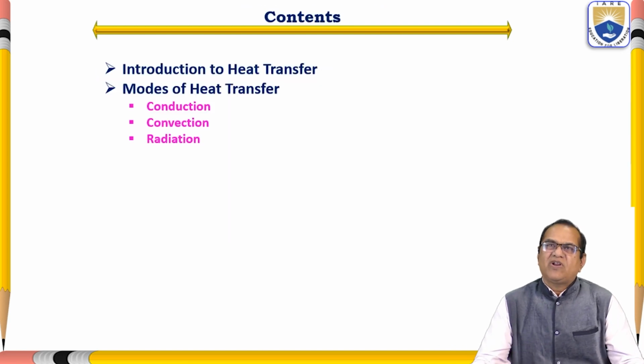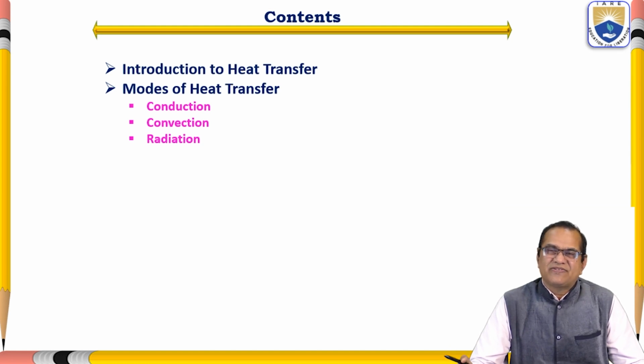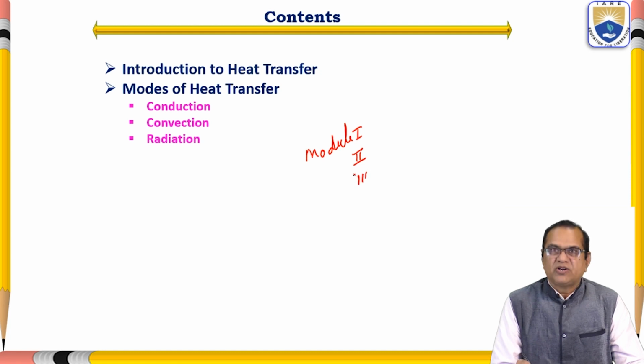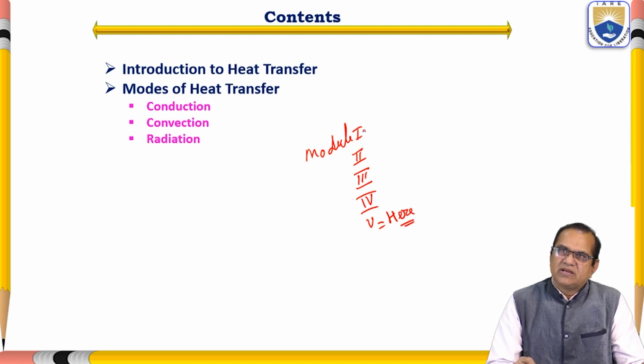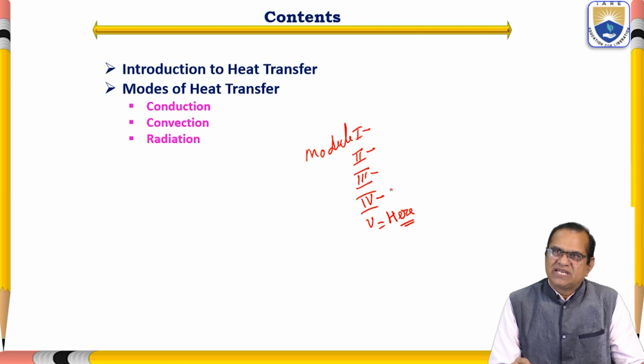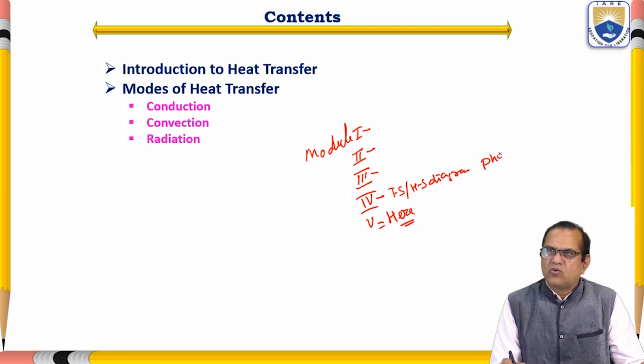Before I start, I will give a glance at what we have done till now. If you see module 1, module 2, module 3 and module 4, and we are here. In module 4 we have seen psychrometry and the TS, HS diagrams.